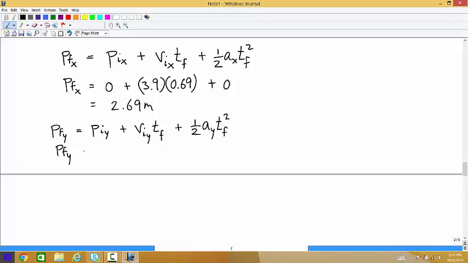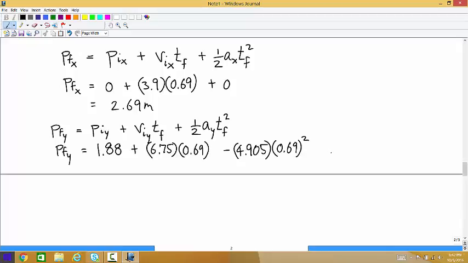So PFY is equal to 1.88 plus 6.75 times 0.69 minus 1/2, I'll just write that as minus 4.905 times 0.69 squared. And what do you get for that? 4.20.